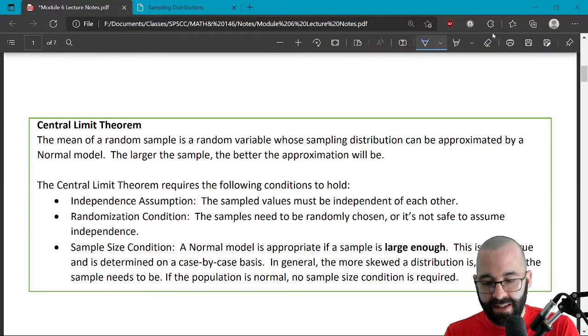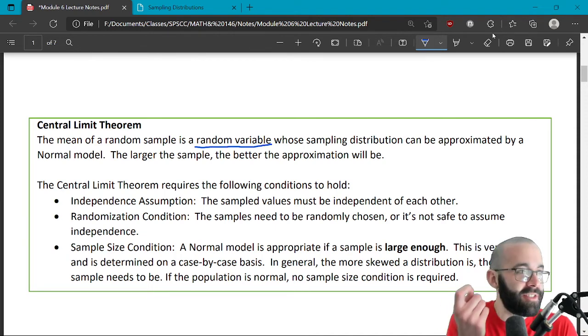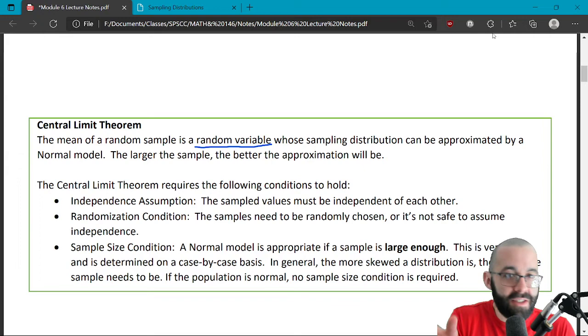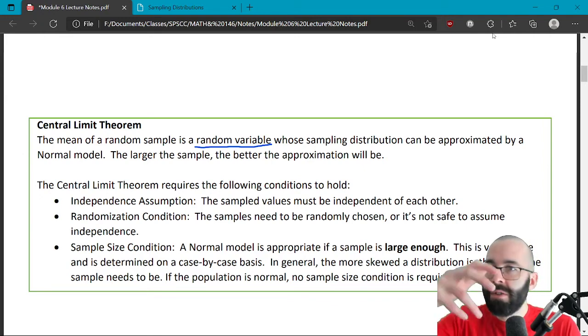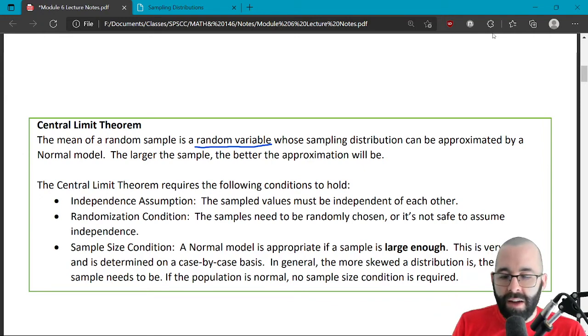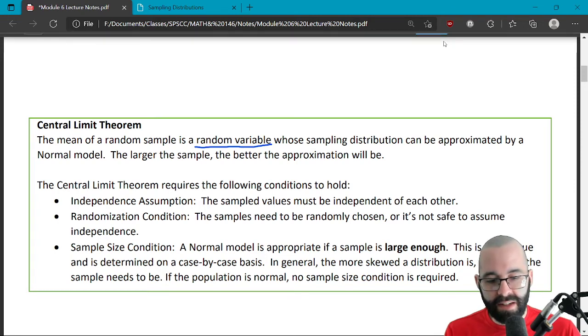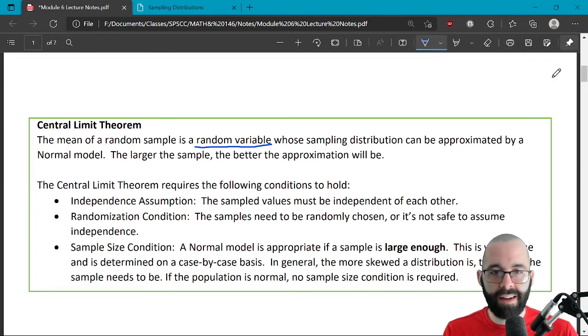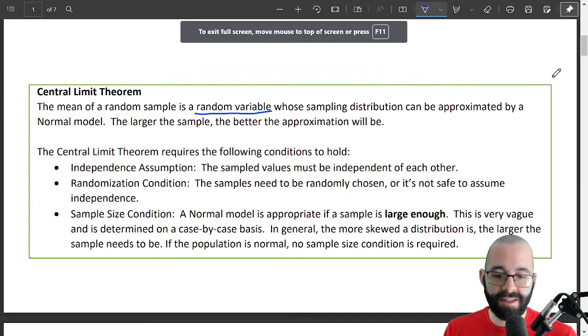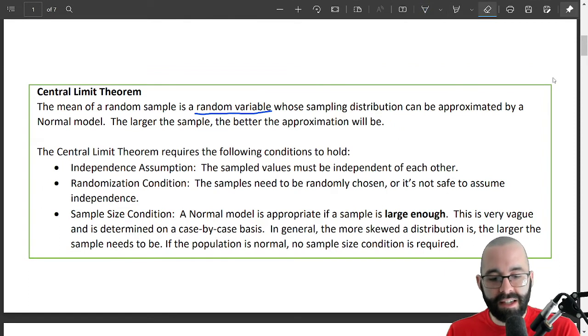Specifically, it's a random variable. A random variable is something that we don't know what it equals. It's a variable, but it's random. We don't know what it equals yet. And random variables have things like probabilities, expectations, and standard deviations. Probability distributions.